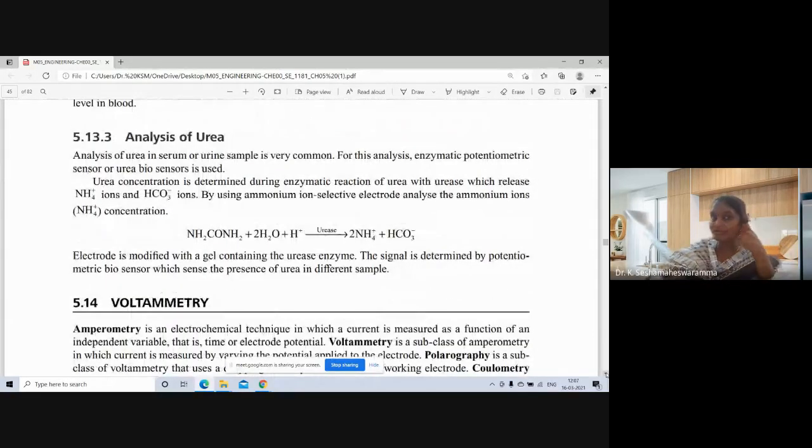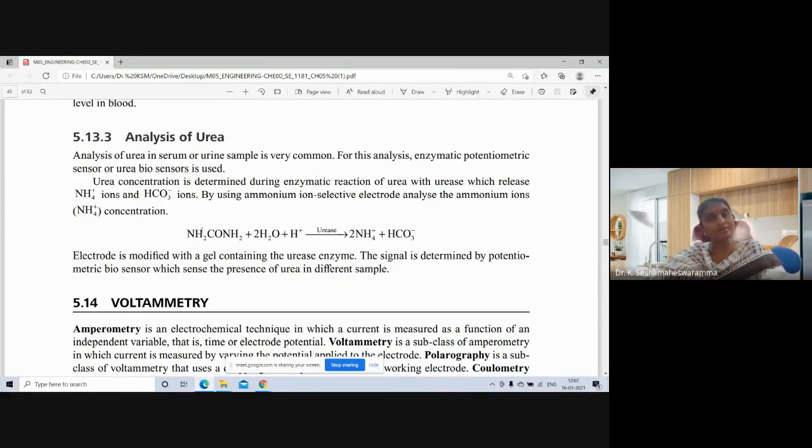How is urea analyzed? Analysis of urea in serum or urine samples is very common. For this analysis, enzymatic potentiometric sensors or urea biosensors are used. Urea concentration is determined during the enzymatic reaction of urea with urease, which releases ammonium ions and bicarbonate ions. This is the formula of urea, NH2 CO NH2.